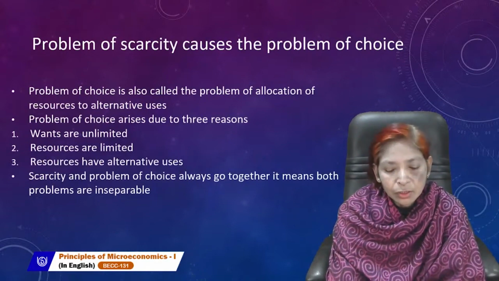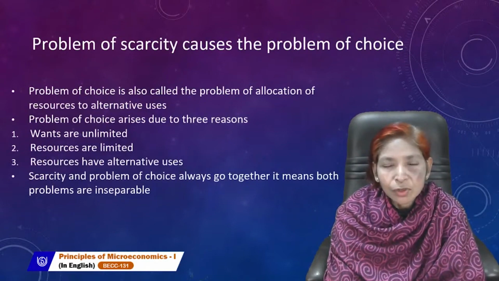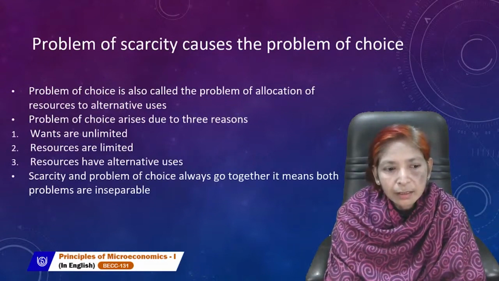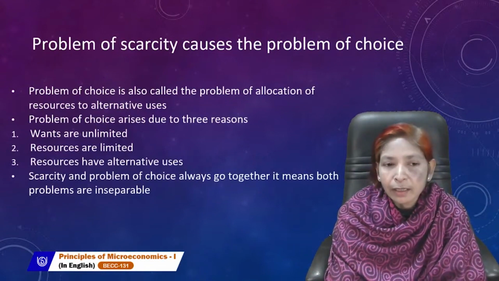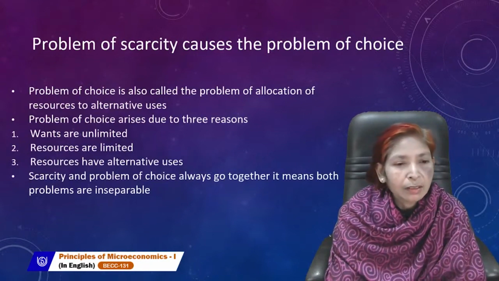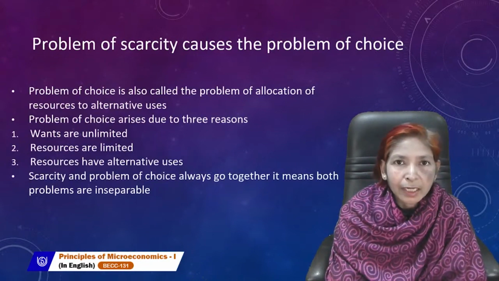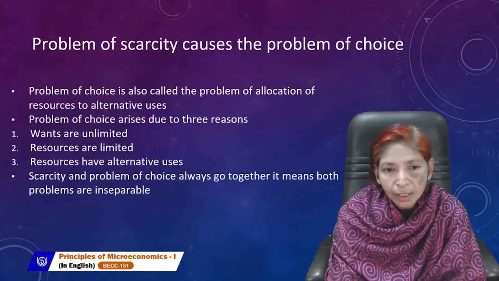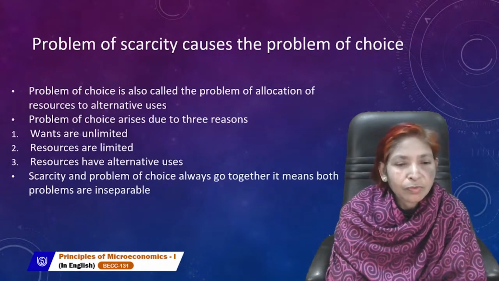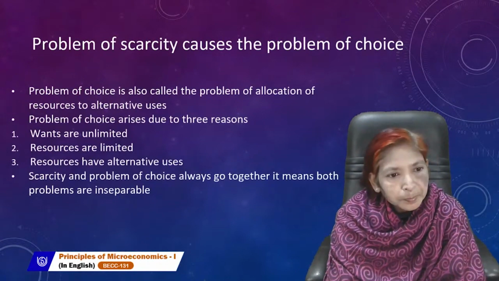Like land: as you know, the factors of production are four: land, labor, capital, entrepreneurship. Land has alternative uses. Either you can use land for agriculture, or you can build a building or industry on that particular land area. The land can be used for different purposes.